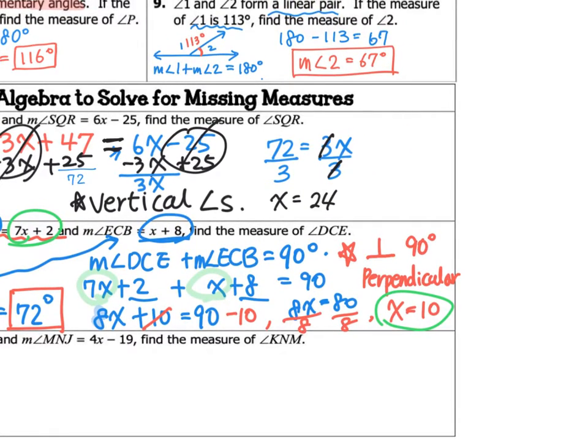So SQR is, that's right, 6x minus 25. Since we know x, 6 times 24 minus 25. You can calculate with your calculator or try by yourself writing it down. You got the answer of 119 degrees. All right.